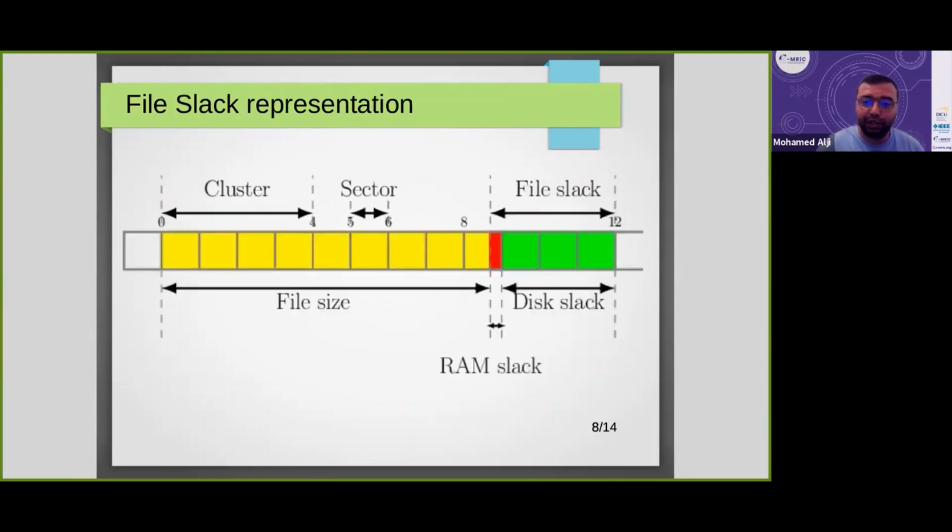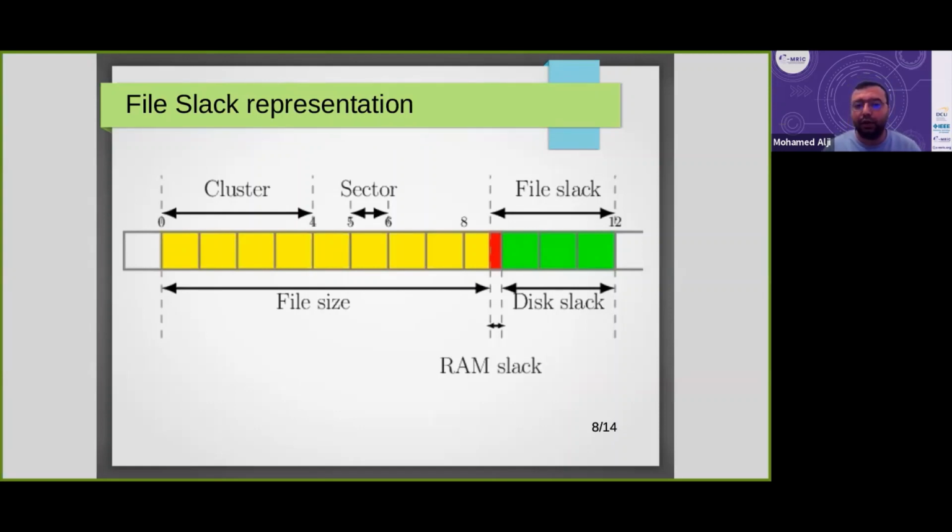I have a representation here, which is a simplified one. This is not a realistic one. However, it explains a couple of things. The sector, you can see it as a physical unit in yellow. The cluster is 4 sectors. The file size in this case is 2 clusters and a little bit more.